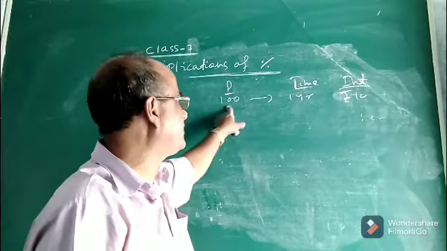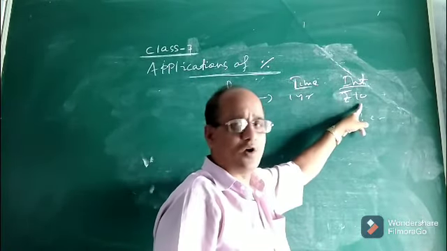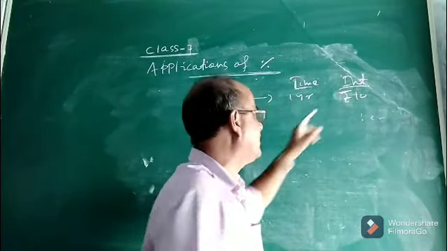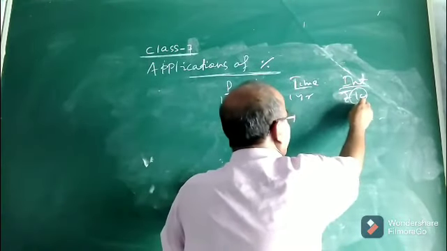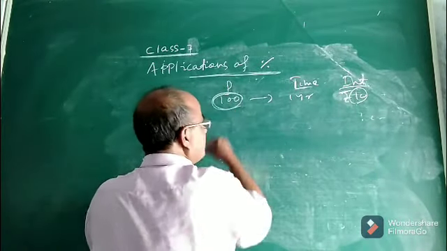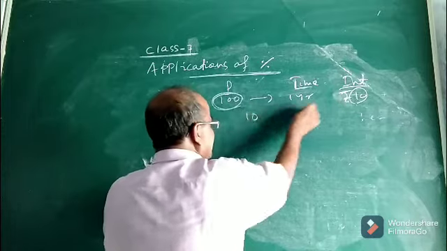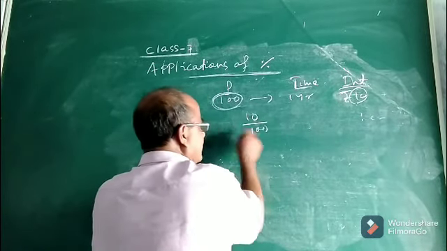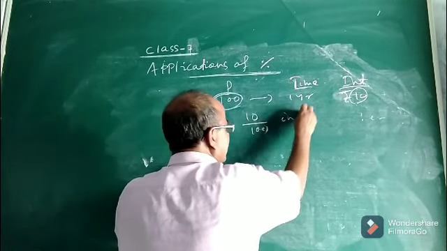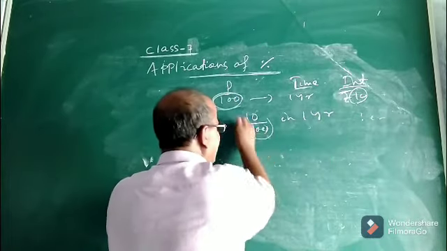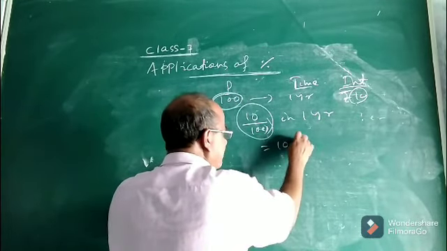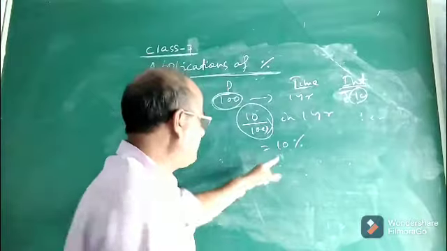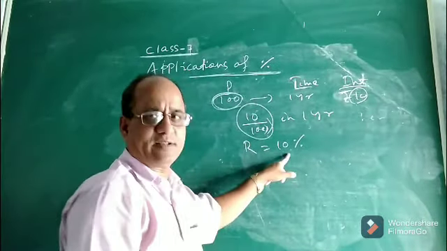When you kept 100 rupees in the bank for 1 year and got an extra 10 rupees of interest, you are earning this 10 rupees on how many rupees? 100 rupees. And in how many years? In 1 year. So this 10 by 100 is nothing but your 10%. So here the rate of interest is 10%.